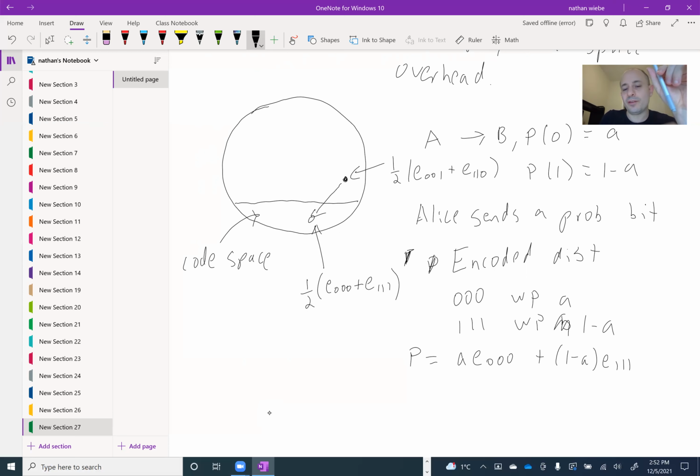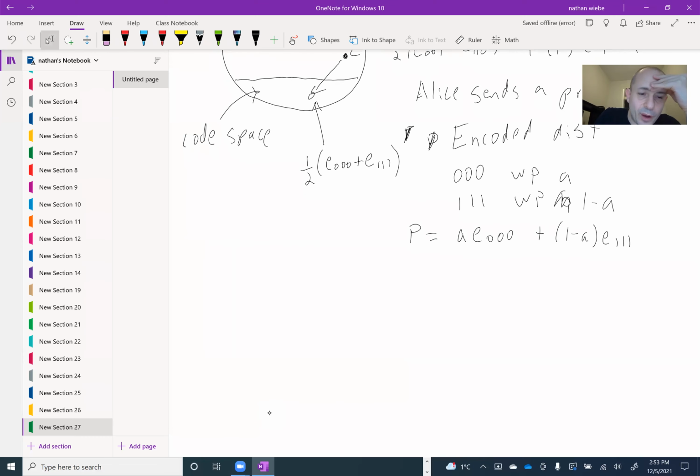Because now, instead of having a probabilistic distribution of this, we now have a quantum distribution. Now, there's one big difference that ends up happening here. With a probability distribution, you could envision that a third party could measure and correct the individual bits coming through without changing the apparent distribution that Bob would end up reading on the other side. However, quantum doesn't obey that. Any attempt by one of the parties to measure in order to correct the errors will screw it up.